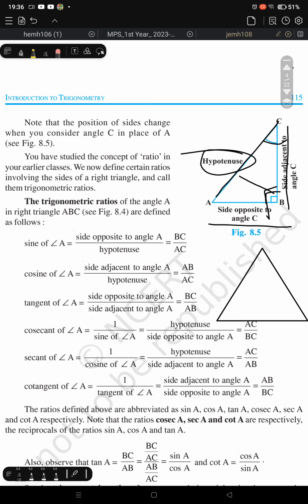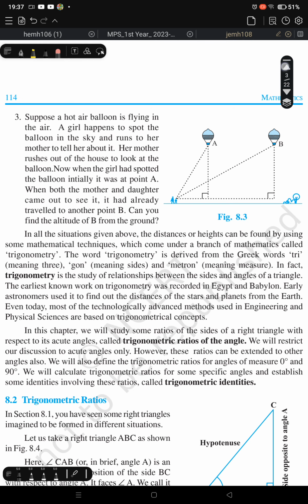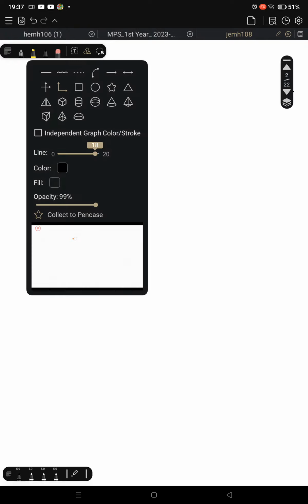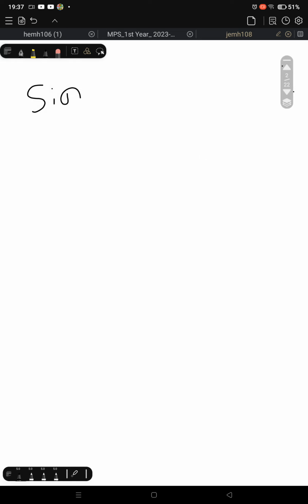So here come the six ratios in trigonometry. One is sine A. Let us consider the triangle A, B and C. Here angle B will be 90 degrees, so this will become the hypotenuse.